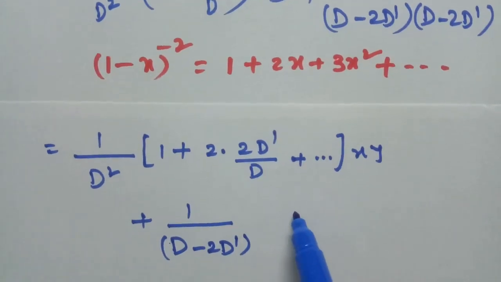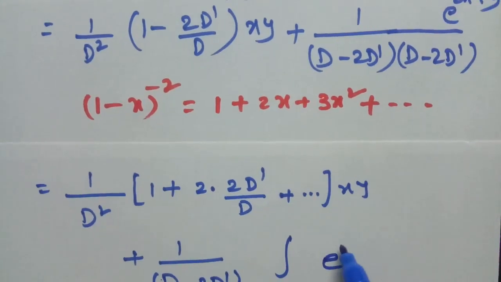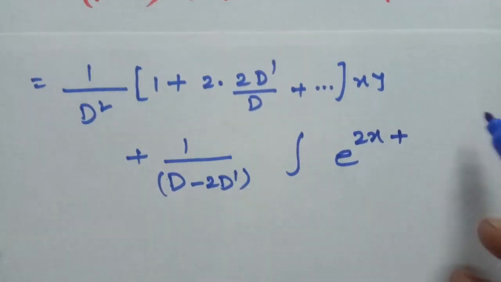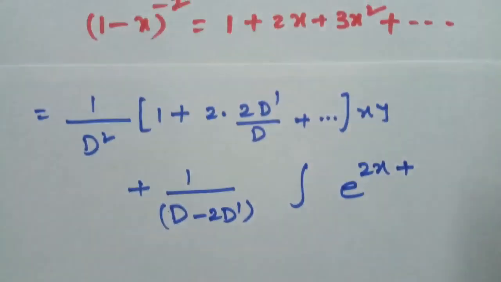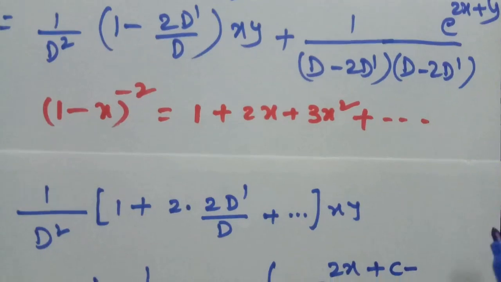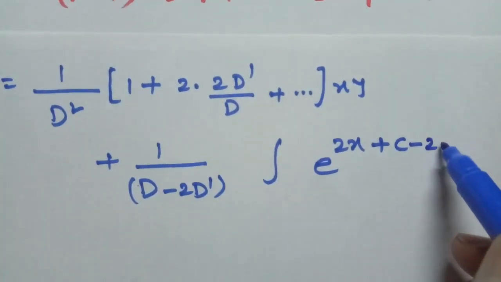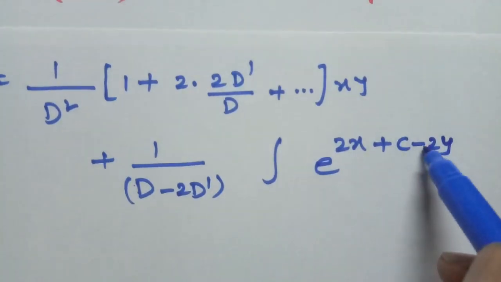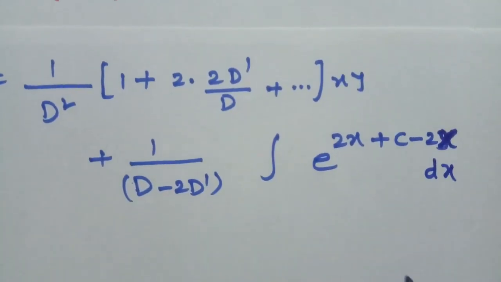Therefore this can be written as the integral of e power 2x plus y, which can be replaced by c minus m into x, where m is 2, into dx.